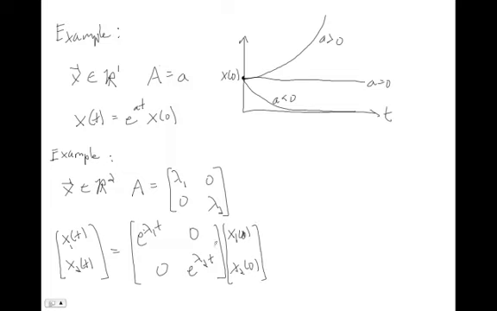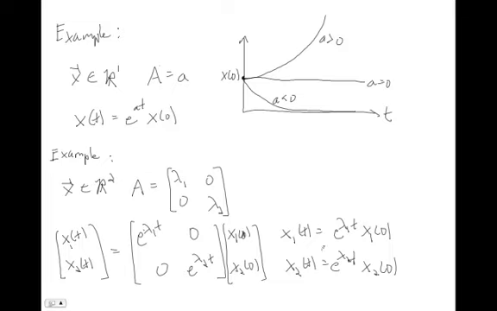So when I look at this and do this actual multiplication, I get that x1 of t is equal to e to the lambda 1t, x1 naught, and I get that x2 of t is equal to e to the lambda 2t, x2 naught. So these two equations are completely decoupled from each other. x2 doesn't affect x1 and x1 doesn't affect x2.